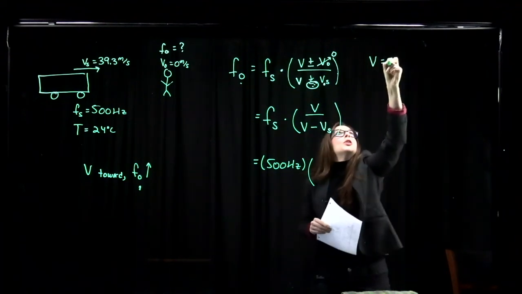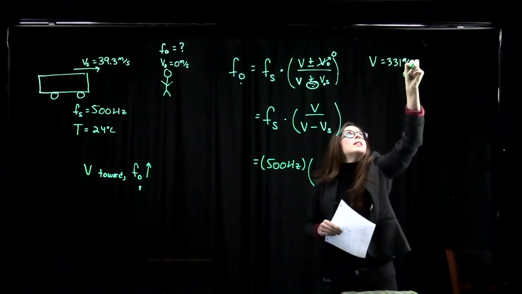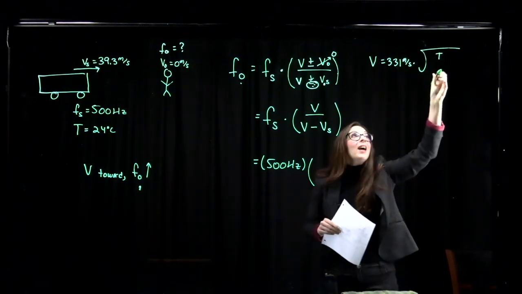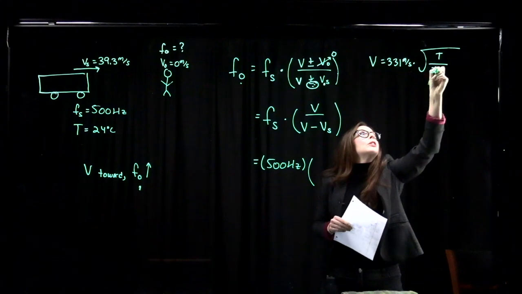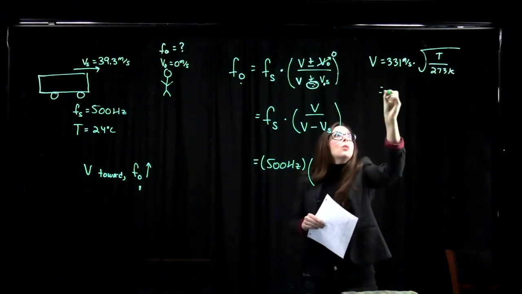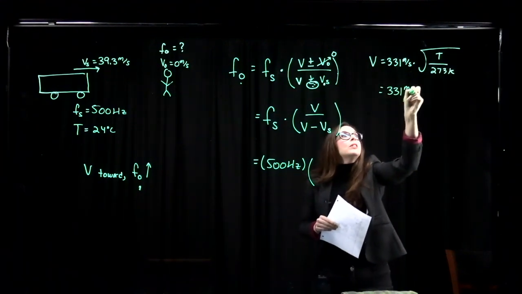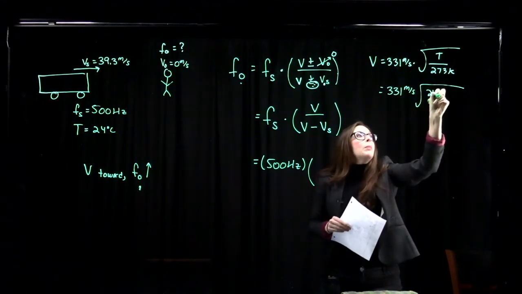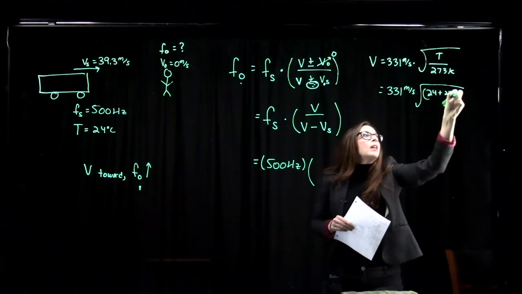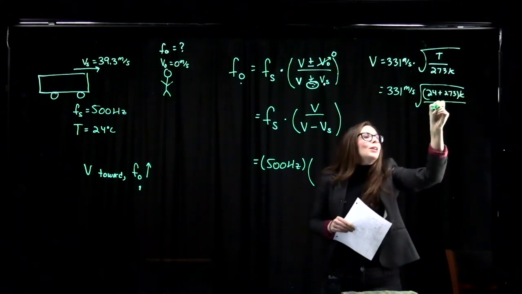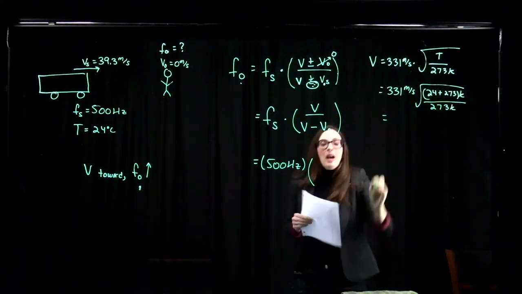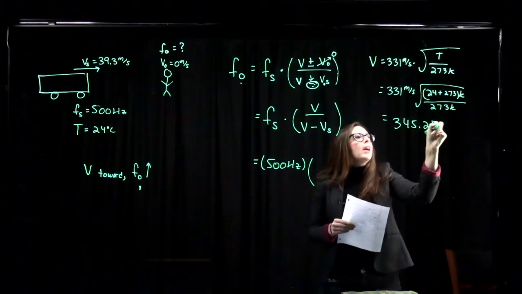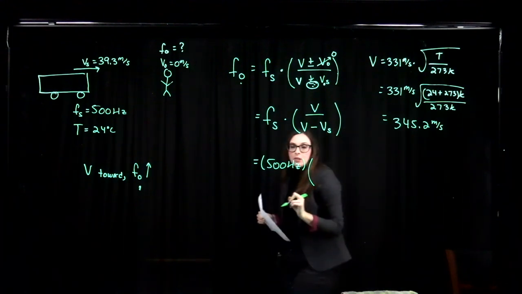That speed of sound is 331 meters per second times the square root of the temperature outside divided by 273 Kelvin. So we've got 331 meters per second times the square root of, this temperature has to be in Kelvin, so we have to do 24 plus 273 Kelvin divided by 273 Kelvin. Then our speed of sound is 345.2 meters per second on a day when the temperature is 24 degrees Celsius.